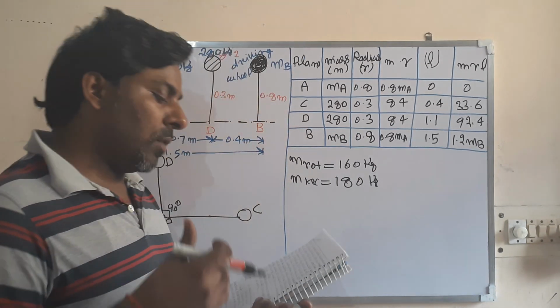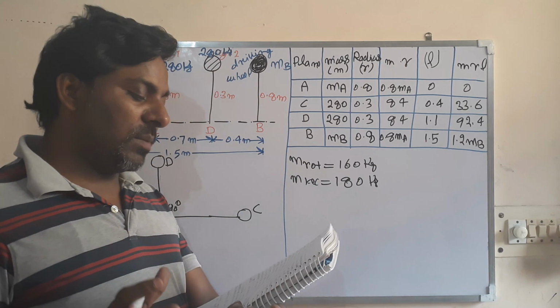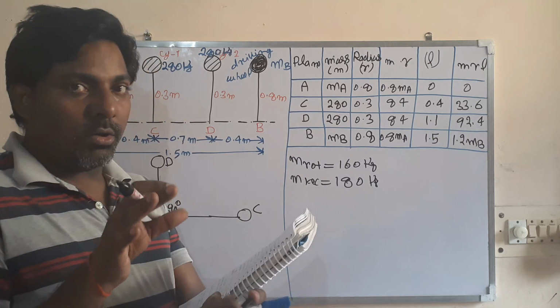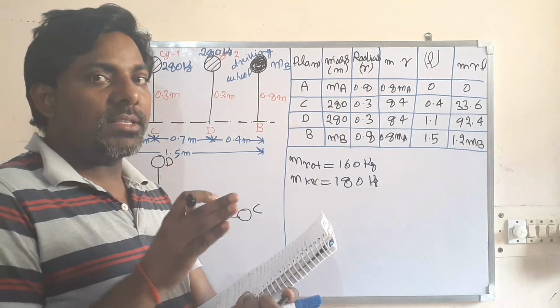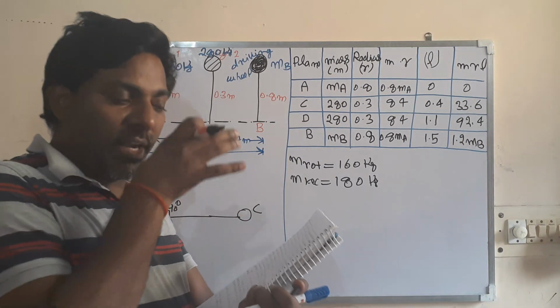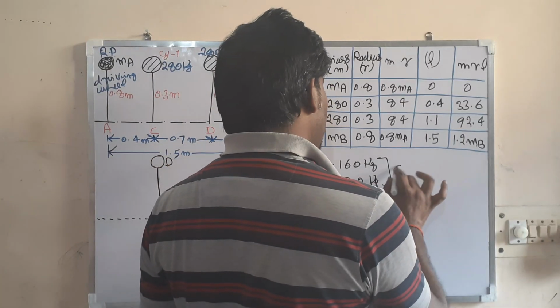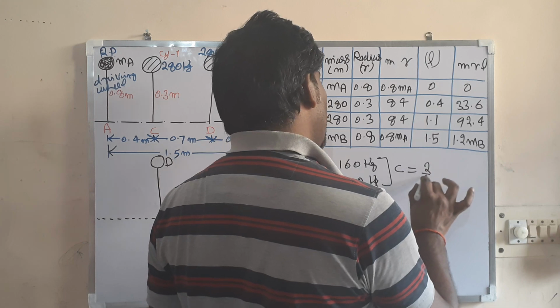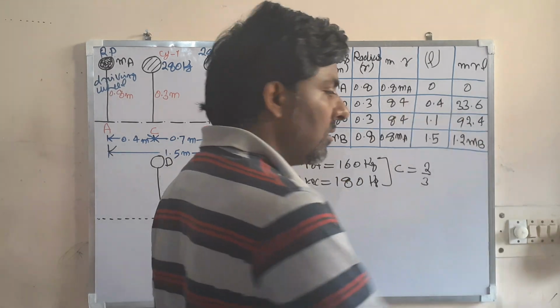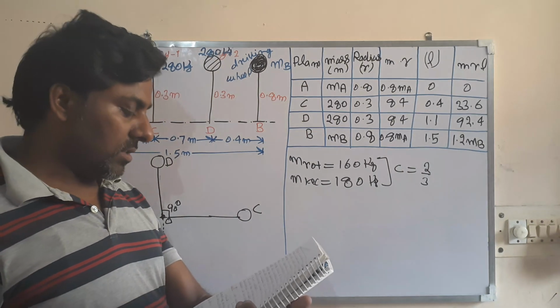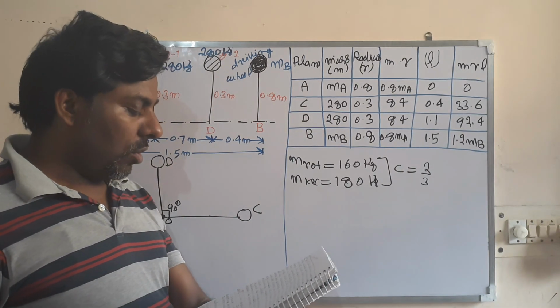The whole of the revolving mass and 2/3 of the reciprocating mass are to be balanced. So you have to balance the total rotary mass, and only 2/3 of the reciprocating mass. Here c is the fraction of the total reciprocating mass which should be balanced, so c is equal to 2/3.